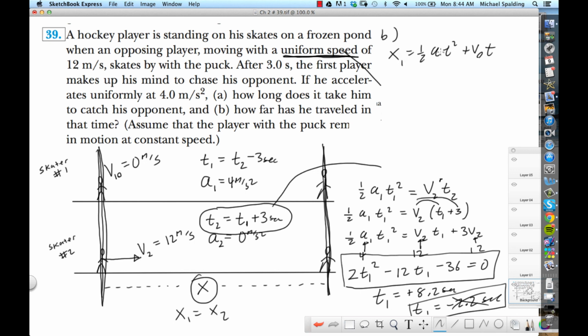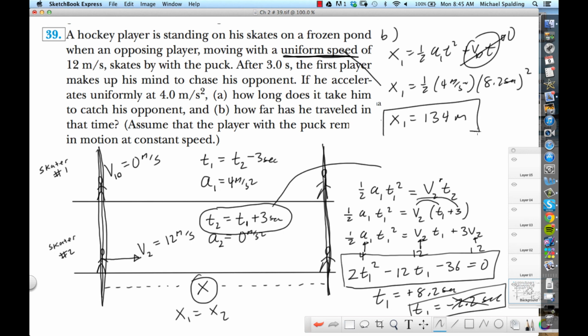So this is x1, a1, v1. Skater 1 has no initial velocity, so that goes to 0. So x1 is going to be 1/2 times 4 meters per second squared times 8.2 seconds squared. And this comes out to be, I believe, about 134 meters. Somewhere in there.